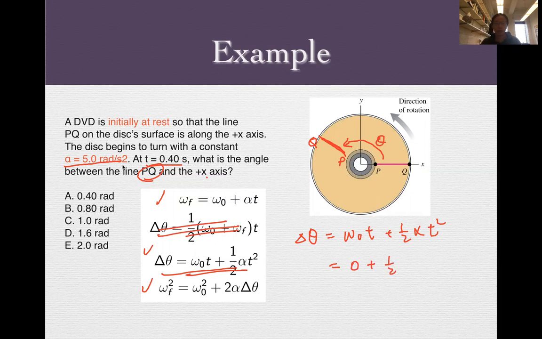The angular acceleration is 5, and the time is 0.4. After figuring out the math, I get 0.4 rad. So this angular displacement is 0.4. The answer is A.